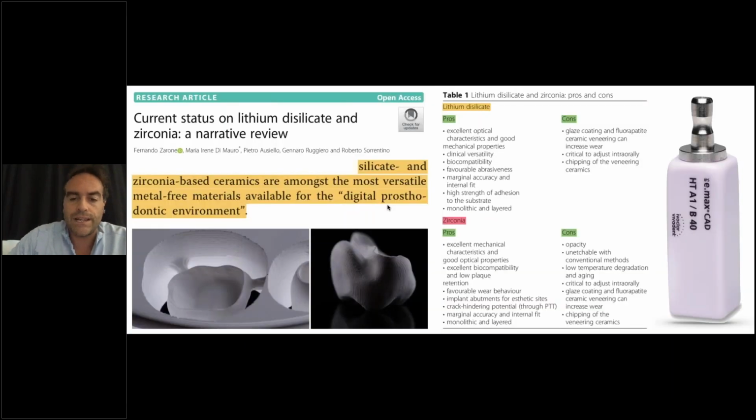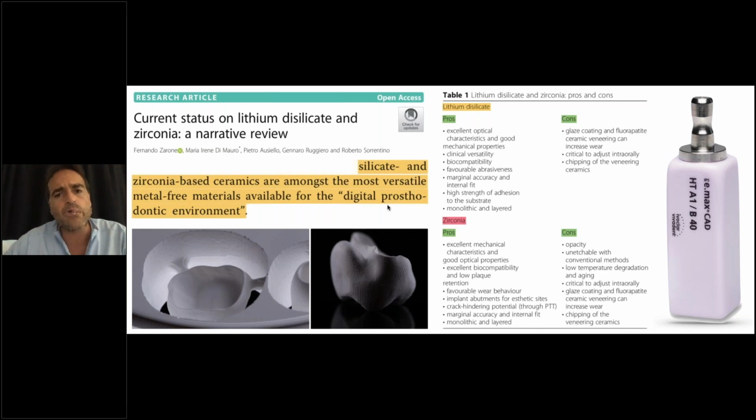Do not forget that these materials have great advantages, great structural properties, great optical properties, especially the latest generation of these materials. And these materials are raw industrial materials, so by definition, they have better mechanical and chemical properties, especially the PMMA, if we compare it to the traditional acrylic resin, for example.